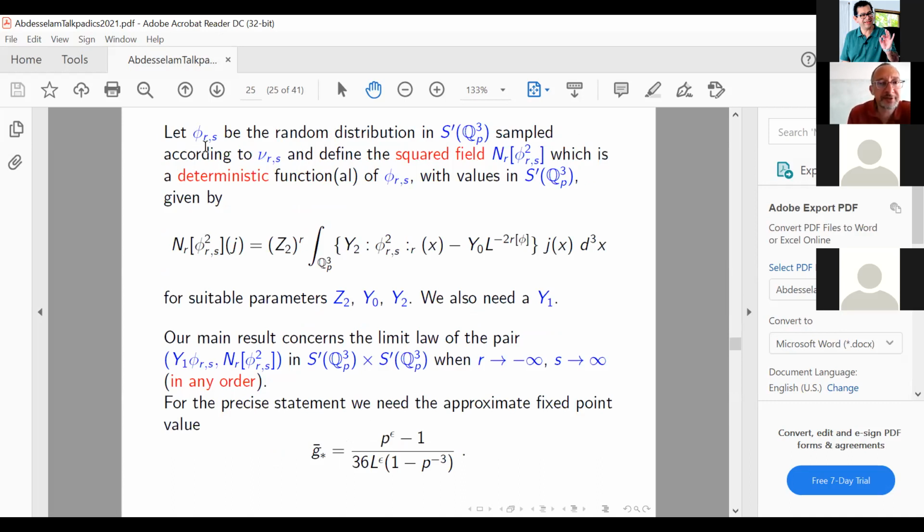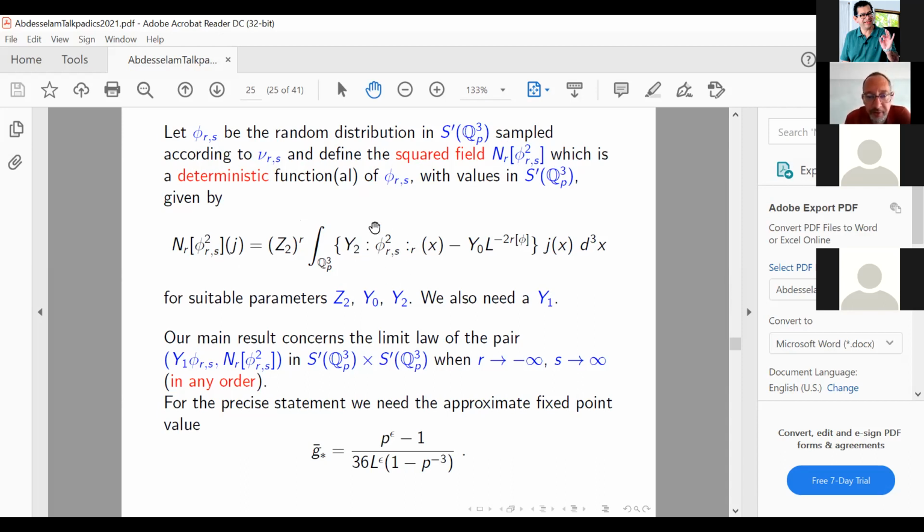Phi sub RS is going to be a random distribution on S prime of Q_p^3, sampled according to this probability measure mu RS. I'm also going to introduce a squared field, which I will denote following Zimmerman like this. It has a complicated formula, but in principle it is a distribution. If I integrate it against J, a test function, how do I do this?